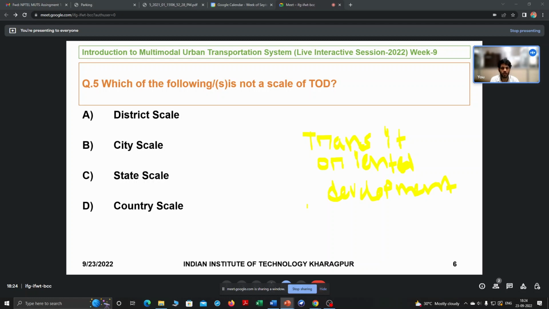So A, C and D are not scales of TOD generally.